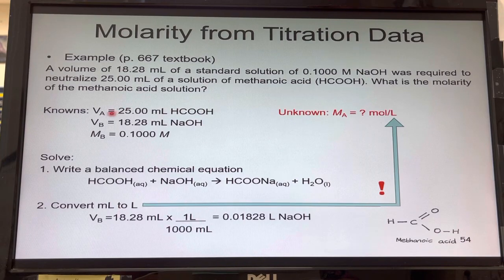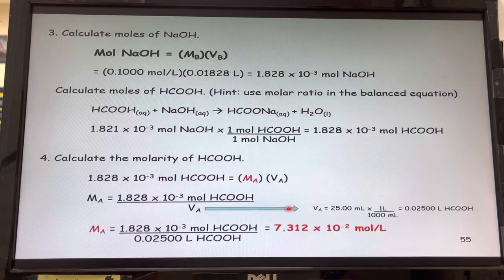So we take our volume of B and we convert it, simply because 1 liter is equal to 1,000 milliliters, and the milliliters cancel out and we divide, and that just means the decimal place moves over 3 places, 1, 2, 3, and we've got 0.01828 liters of sodium hydroxide, okay? All right, that's slide 54. Slide 55. So then we calculate the moles of sodium hydroxide.